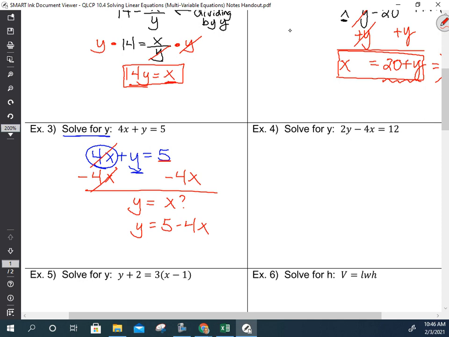So therefore, I can't do 5 minus 4, because the 4 has an x, the 5 doesn't. So remember, the rules for combining like terms still apply. They have to have the same variable and they have to have the same exponent.